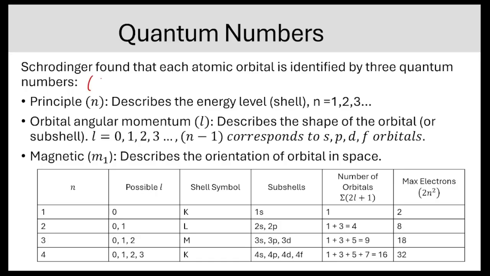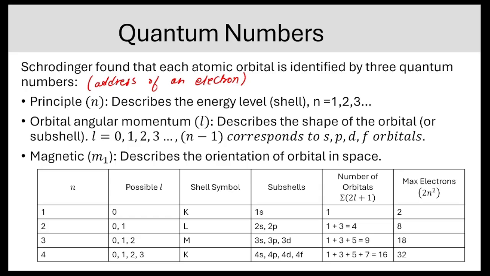Meaning if we know all the numbers obtained from the solution of Schrodinger's equation, we can accurately define where the electron is at a particular time.